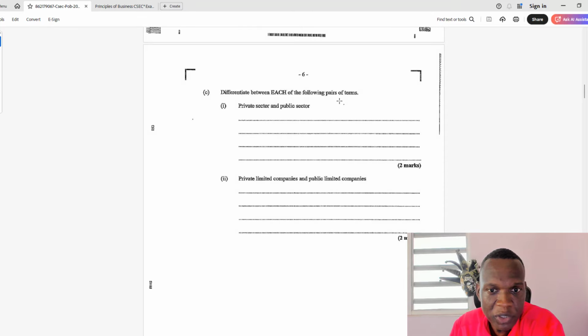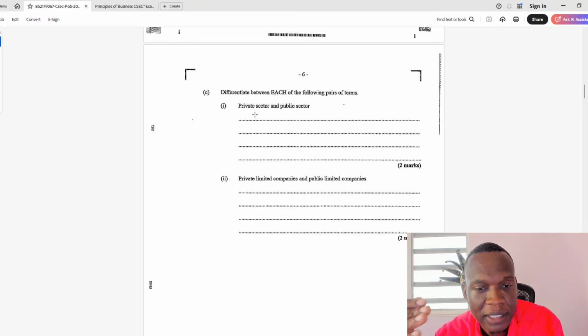C, differentiate between each of the following pairs of terms: private sector, public sector, private limited companies, public limited companies. And so the private sector is that part of the economy that is controlled by private individuals and private companies. The public sector is that part of the economy that is controlled by the government, right?